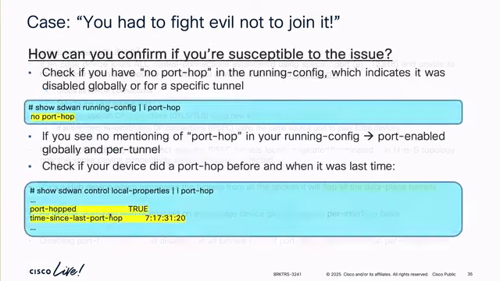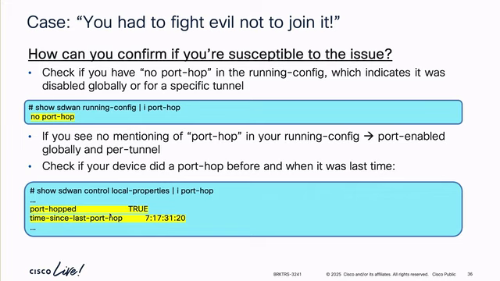Whenever you run a hub and spoke topology, you can confirm if you're hitting that limitation by going to the hub device, checking the configuration and seeing if port hop is disabled specifically. Because by default, there will be no command like port hop on a specific interface.